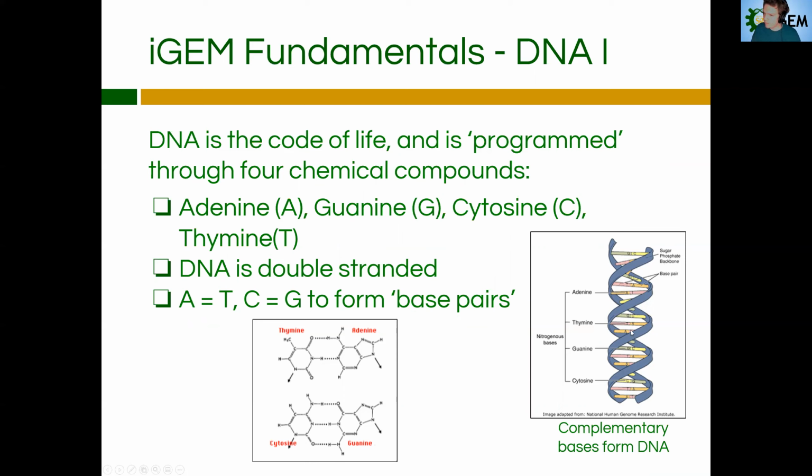It's very, very similar to binary, which is why people relate computer science to biology all the time, and why computer science majors generally do pretty well in biology: you form a sort of code of life that your cells can read in order to code for certain proteins, so your body functions a certain way.